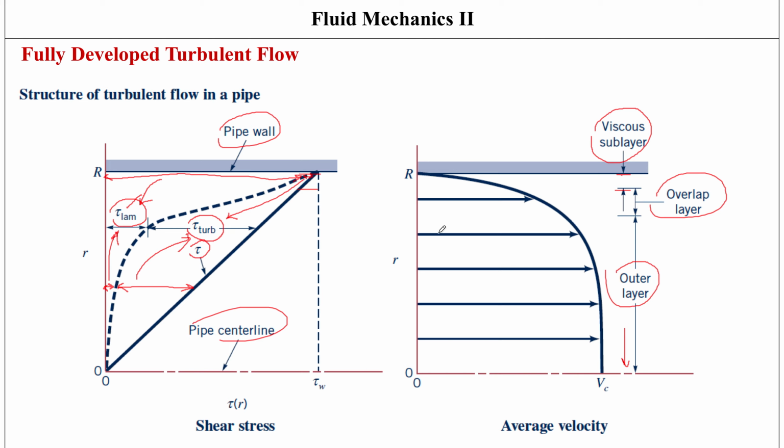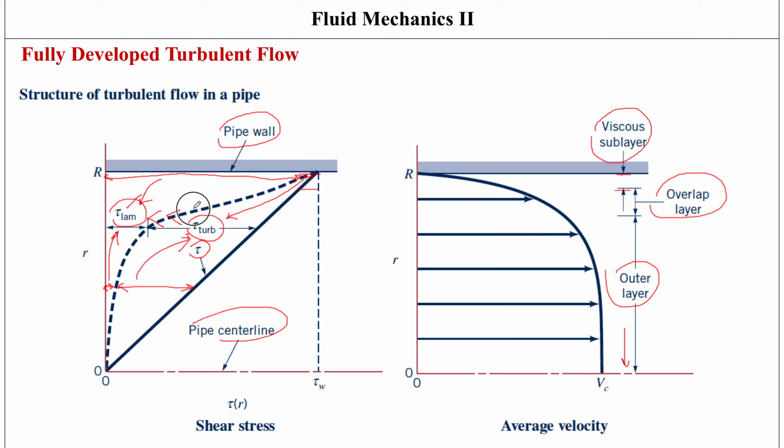Okay. Now there's a couple of issues here that we need to look at in more detail. The first is that the scale of the sketches being shown in these figures is not necessarily correct. What do I mean by that? Typically the value of this turbulent shear stress in the outer region is 100 to 1,000 times higher than the laminar shear stress.